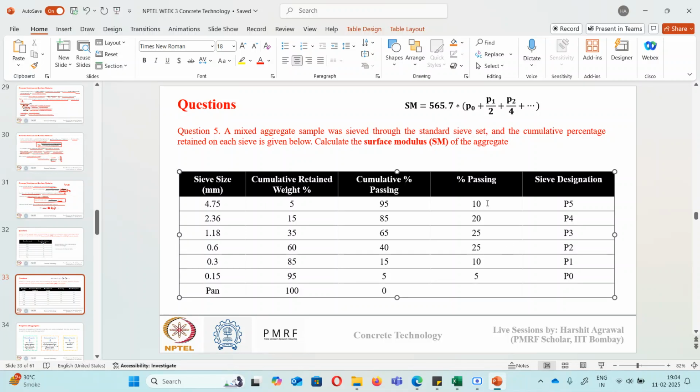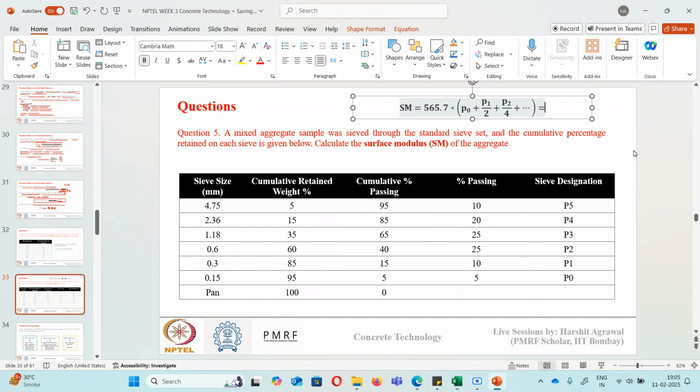Now I know percentage passing for P naught is 5, then P1 is 10, P2 is 25, P3 is 25, P4 is 20, P5 is 10. So in this formula, I will write 565.7 times P naught, that is 5, plus 10 by 2, plus 25 by 4, plus 25 by 8, plus 20 by 16, plus 10 by 32.